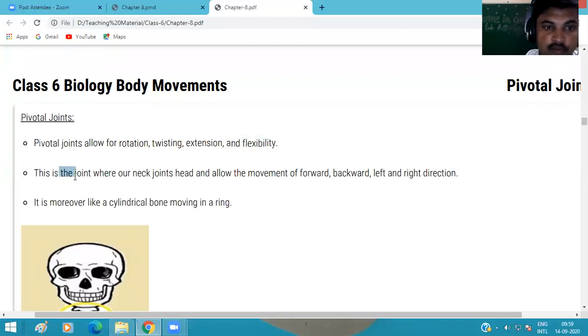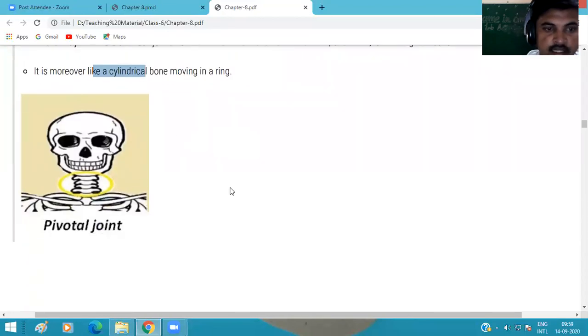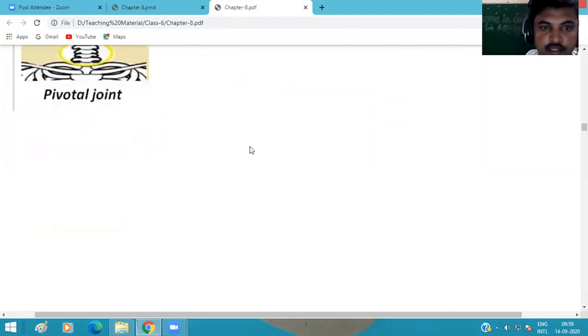So this type of joint is called a pivotal joint. It is more like a cylindrical bone moving in a ring, like this. It is the pivotal joint.